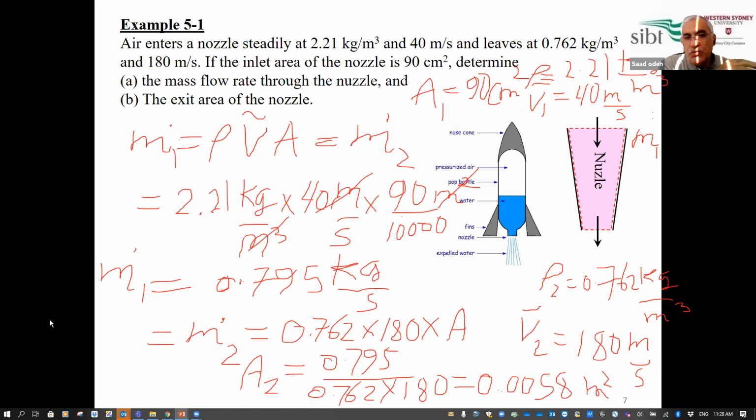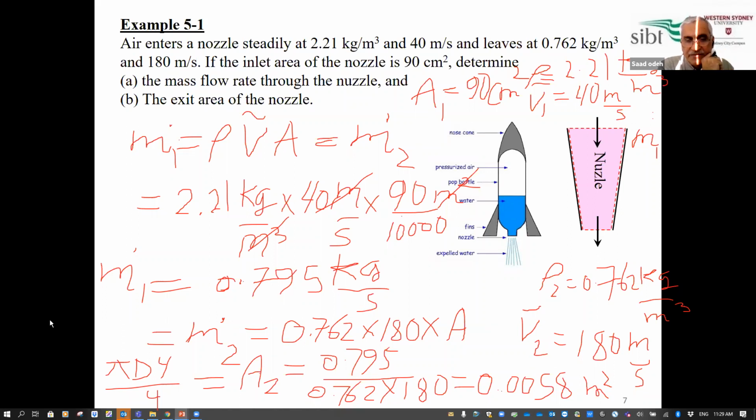If they ask you in the question for the diameter at the exit, you can do it. Because it's a circle, I can say the area is pi d squared over 4, and I can find the D value, the diameter of the pipe at the exit.